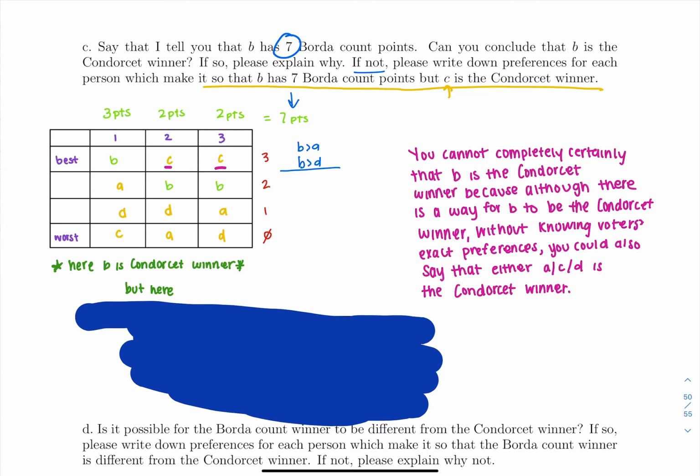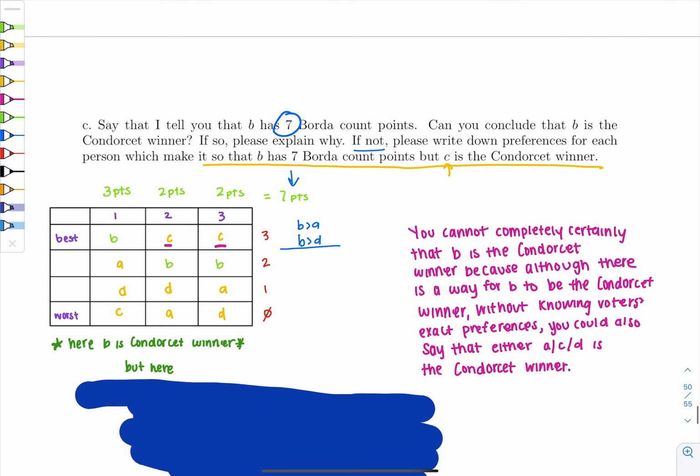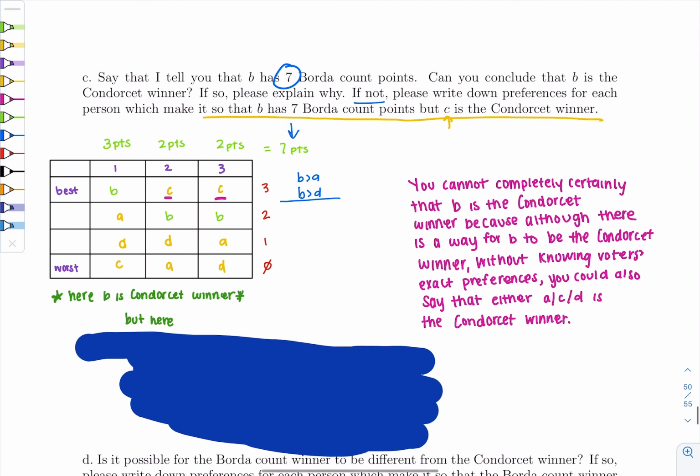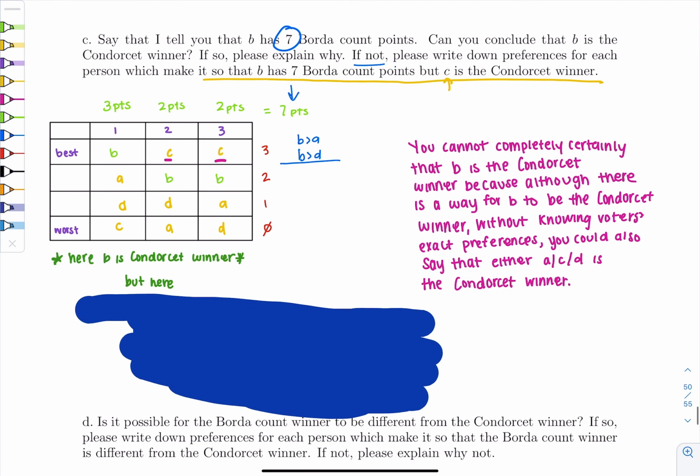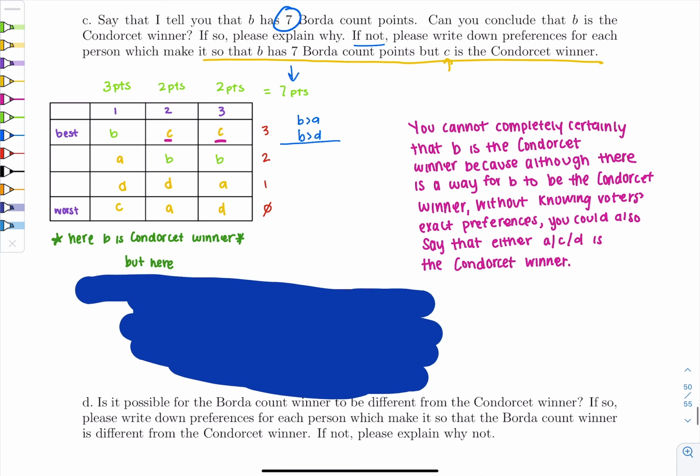And when the question also asks, if you cannot conclude, please write down preferences for each person which make it so that B has 7 Borda count points, but C is the Condorcet winner. Ignore this too, I was playing around with the numbers, but this is the same thing.